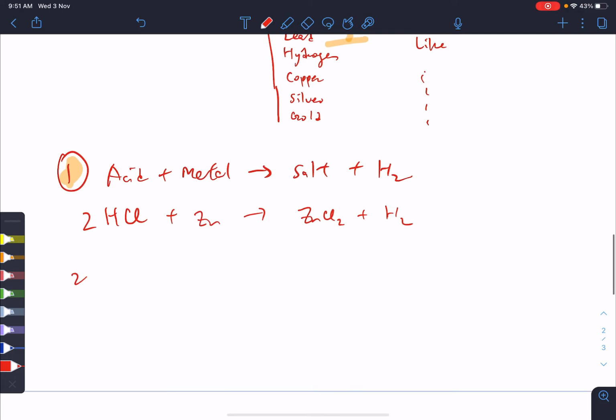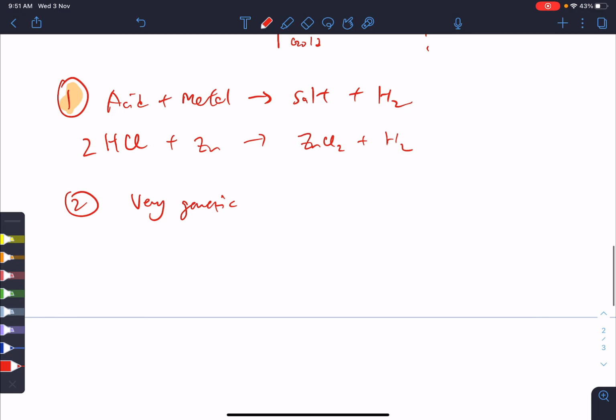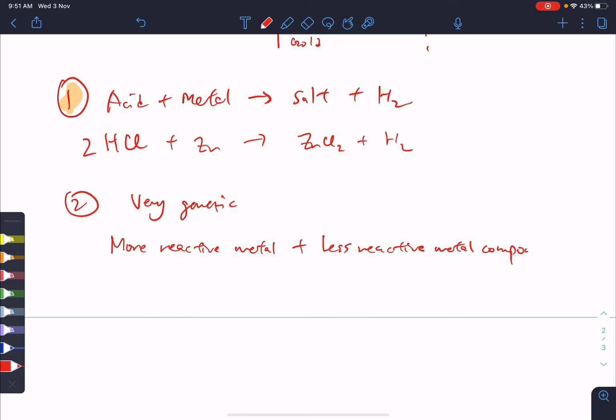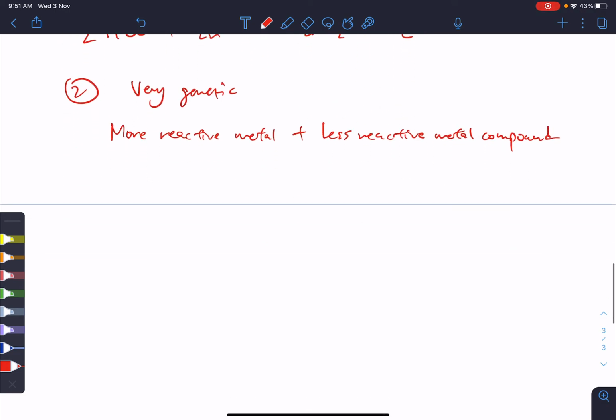Second reaction is actually very generic. What do I mean? As long as it's a more reactive metal plus a less reactive metal compound. Super generic, meaning it could be a solution, like copper sulfate.